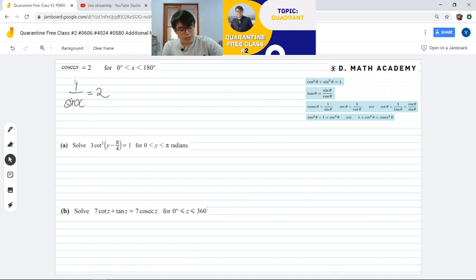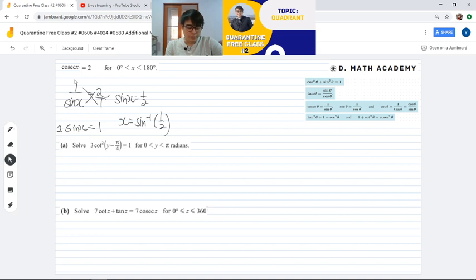By cross multiplying, you should get sine x equals to 1 over 2, x equals to sine inverse 1 over 2. If you key in your calculator without changing your mode back into degree, then you will have trouble identifying the answer.